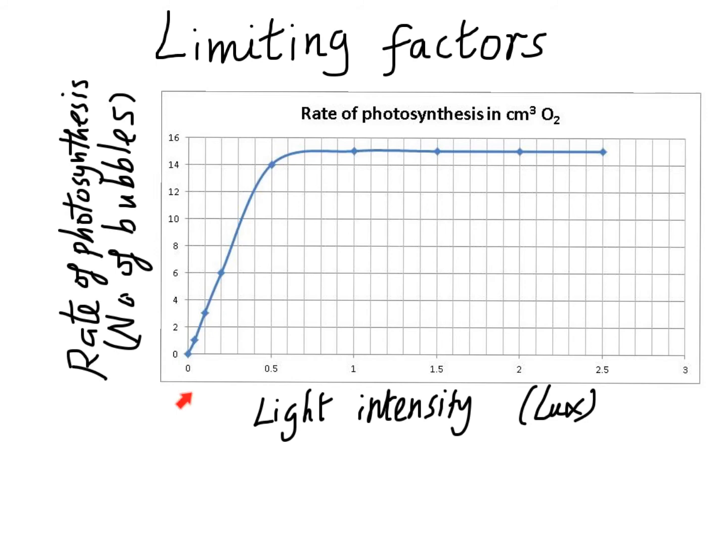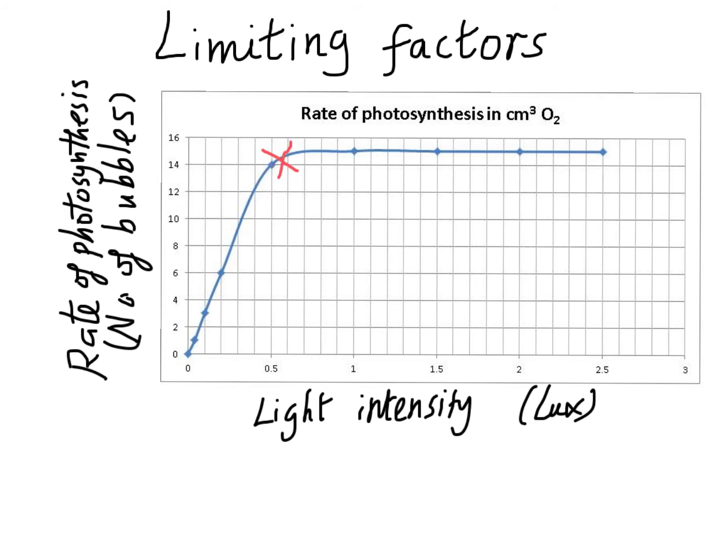As you start from here, the light intensity increases and the rate of photosynthesis increases up to a certain point. From this point onwards, the rate of photosynthesis does not increase anymore. It levels off.